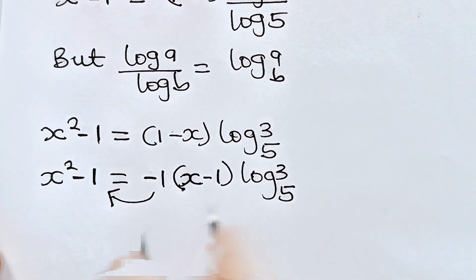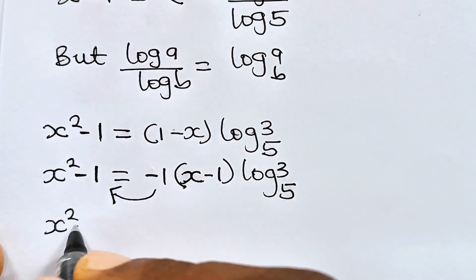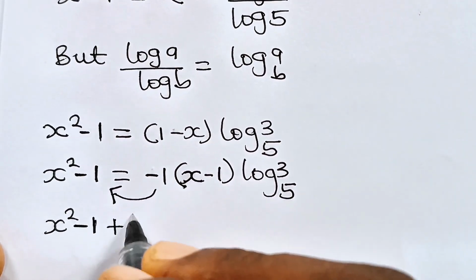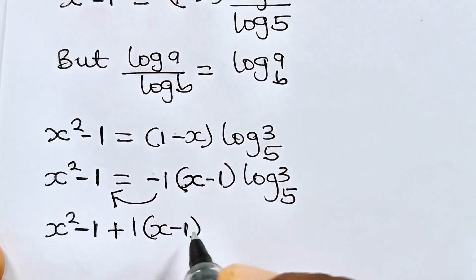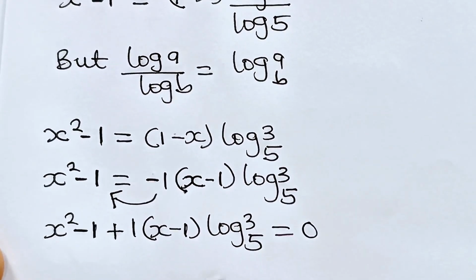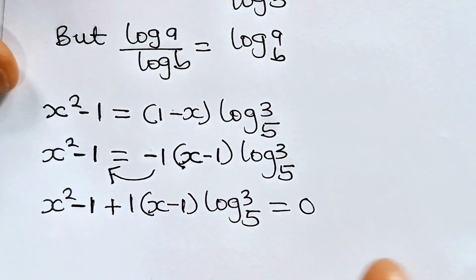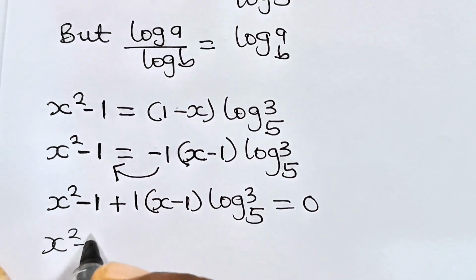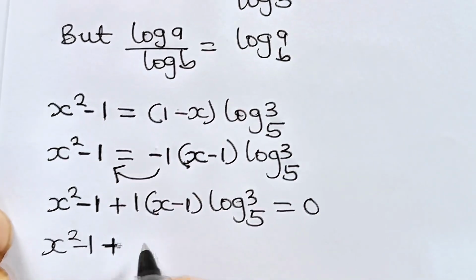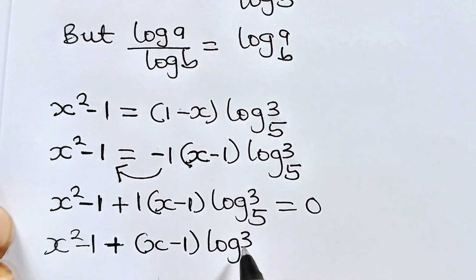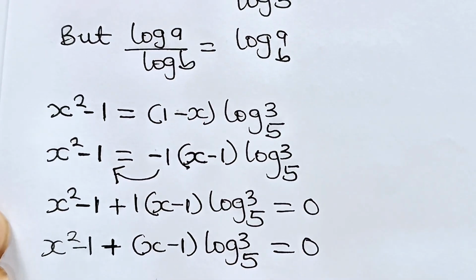If we do that, we have x squared minus 1 plus 1 bracket x minus 1 log 3 base 5 is equal to 0. So we can write this as x squared minus 1 plus x minus 1 log 3 base 5 is equal to 0.